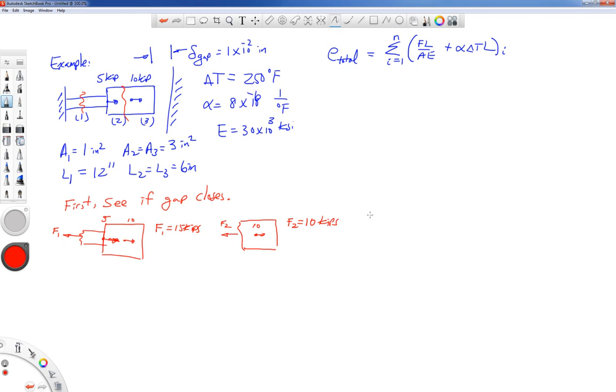And in section 3, if the gap does not close, there's no force over on the right side, so F3 would be equal to 0.